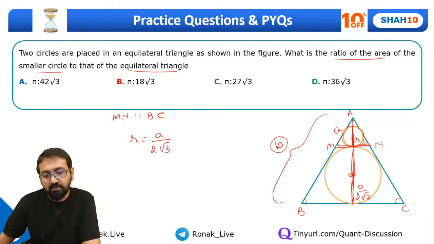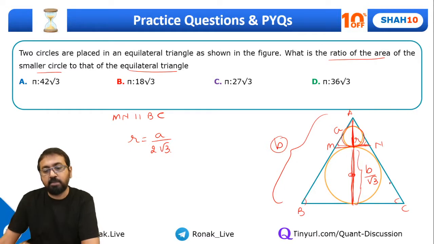So the complete diameter, this complete length, will be b upon root 3. Once again, b is the side of the bigger triangle, so the inradius will be b upon 2 root 3.